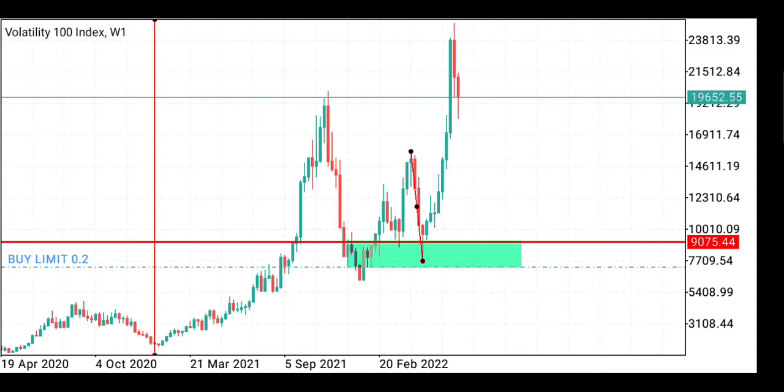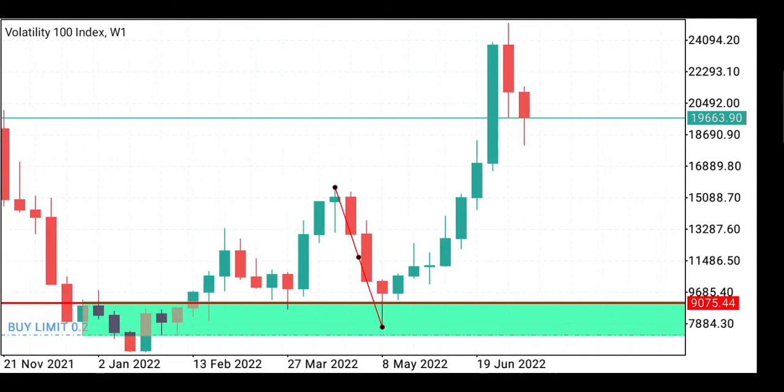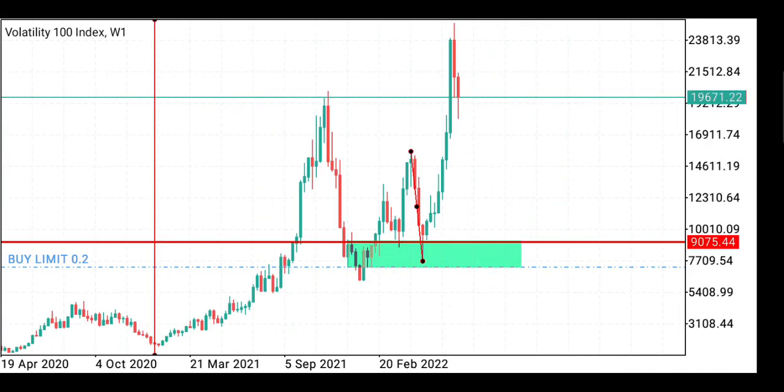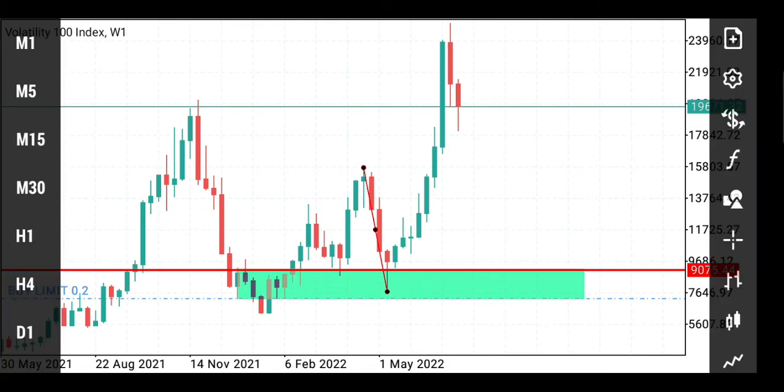And when it dived deeper into this pocket, it didn't even stay. This was a clear sign on the next weekly candle that they have dived deeper into the market and they are going to buy.